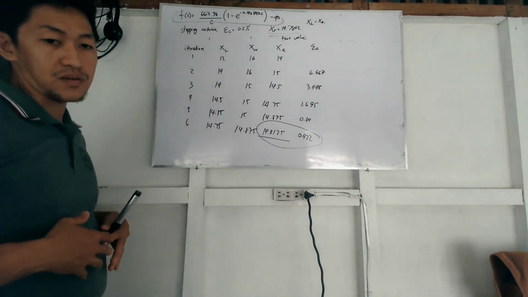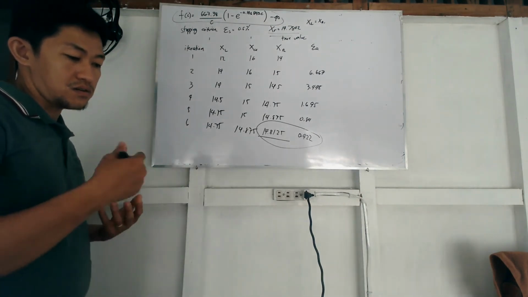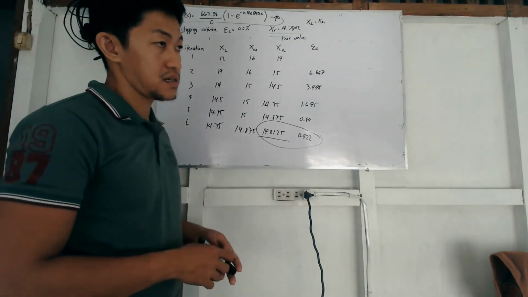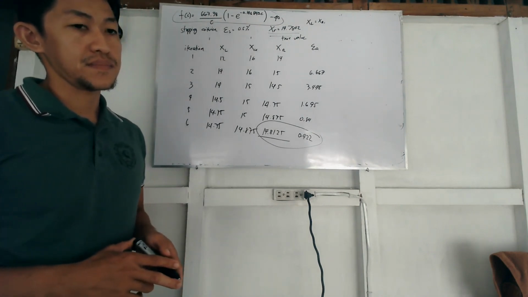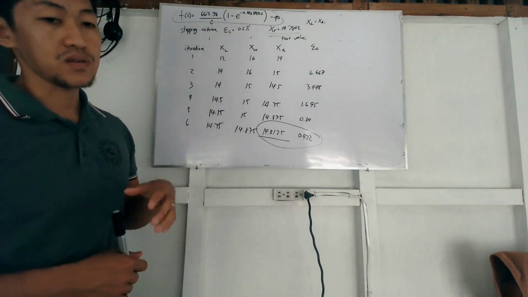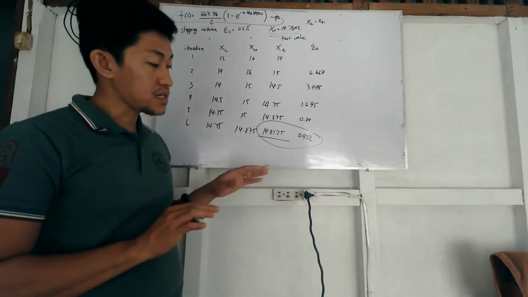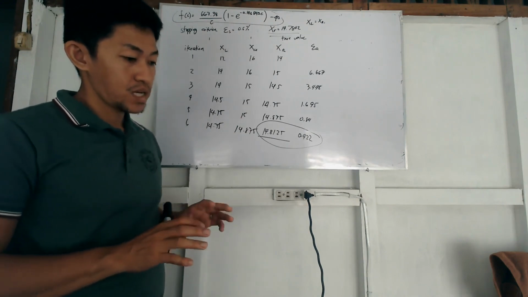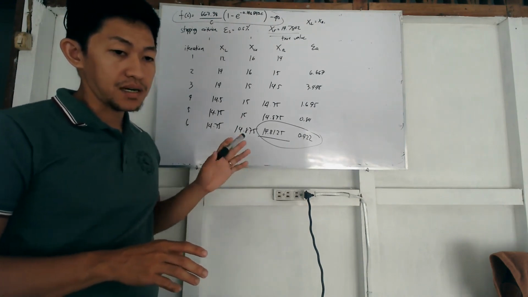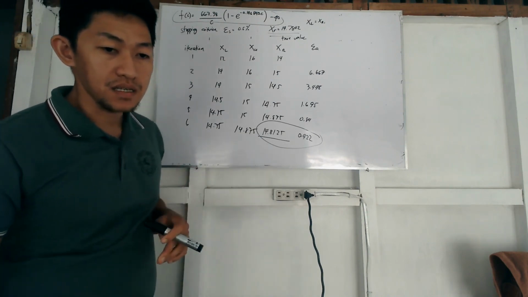So that is why you have numerical methods, so that you can automate finding the value of the roots of equations. Okay, so kung mag-program ka, it will be much easier for you.